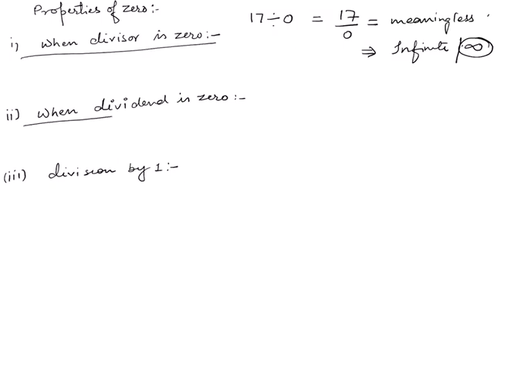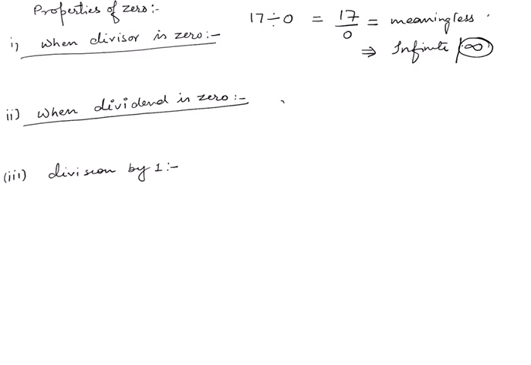The second case, when the dividend is 0. It says that when your divisor is a non-zero number and the dividend is 0, then your answer will always be 0.